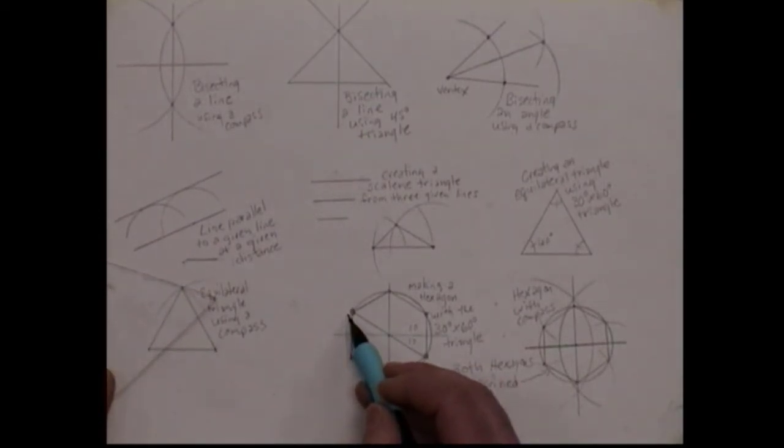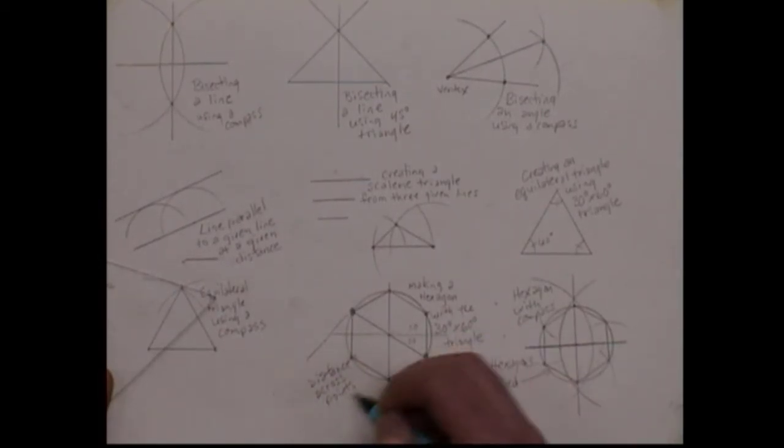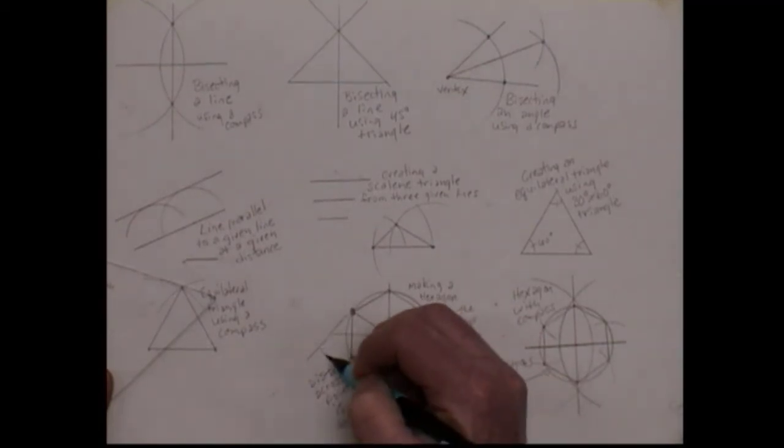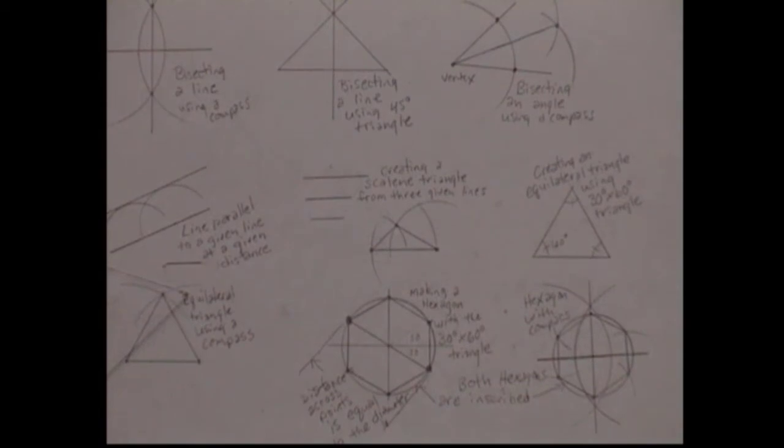When you have the distance across the points on an inscribed circle, it's equal to the diameter. Distance across the points is equal to the diameter.